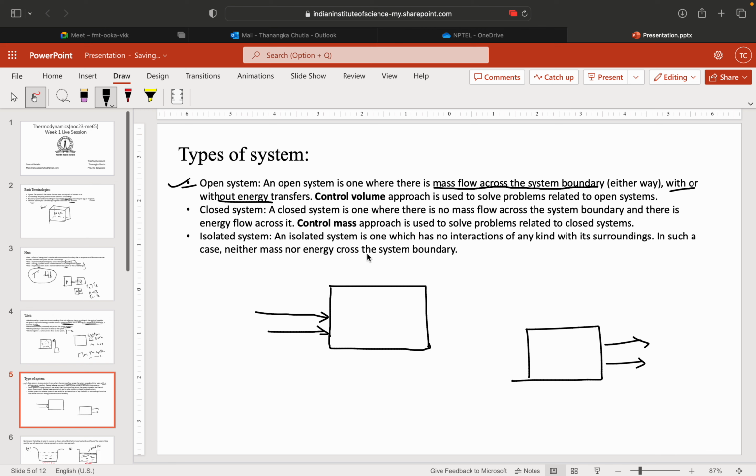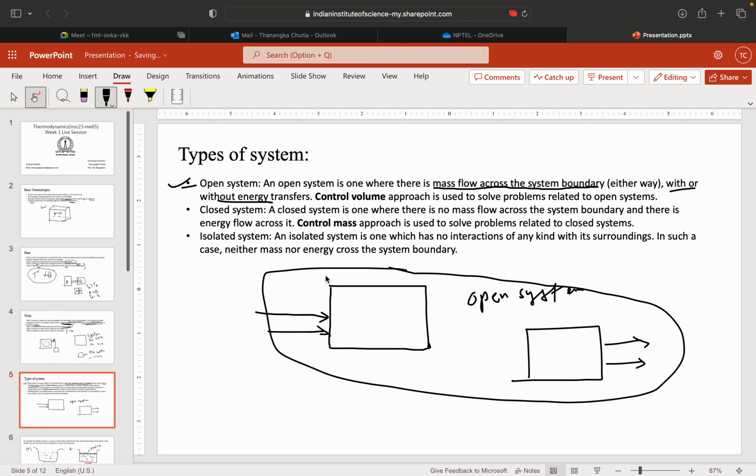I'm not talking about any energy transfer. If such mass transfer takes place, then we call this type of system an open system. The control volume approach is used to solve problems related to open systems. Forget about this line, I will come back to it when I solve a problem related to systems. These are my open systems.